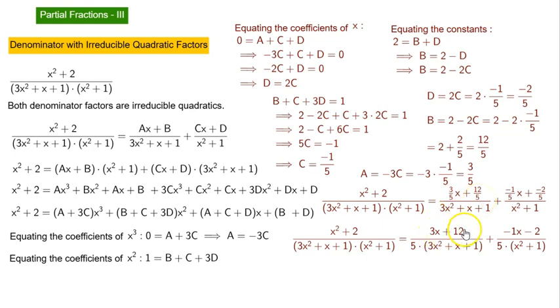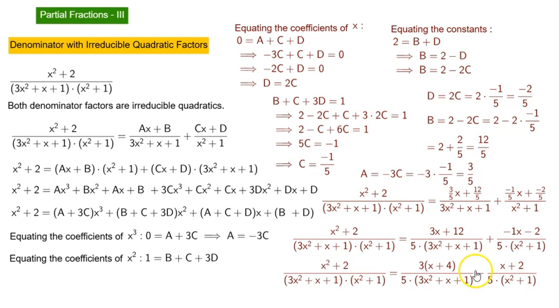So we get 3x plus 12, and that 5 we can take down: 5 times 3x square plus x plus 1. Plus, again 5 is common, so it goes down: minus x minus 2 by 5 times x square plus 1. And taking common factors out, we get 3 times x plus 4 divided by 5 times 3x square plus x plus 1 minus x plus 2 divided by 5 times x square plus 1. So this is our decomposed rational expression.